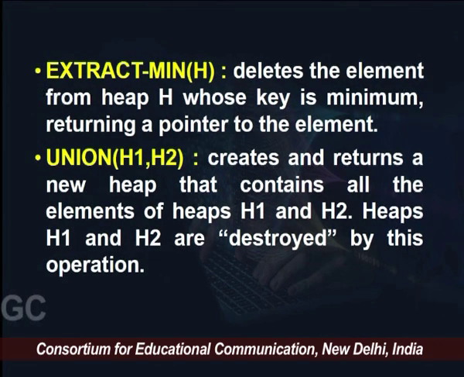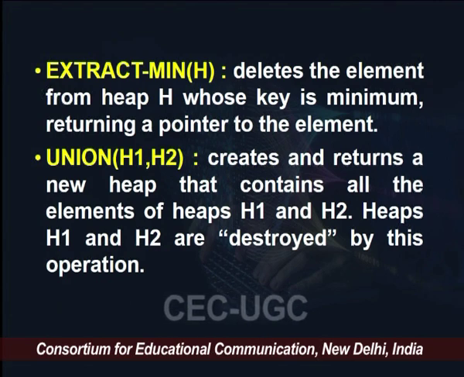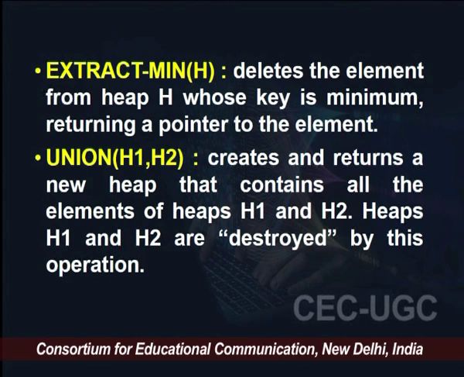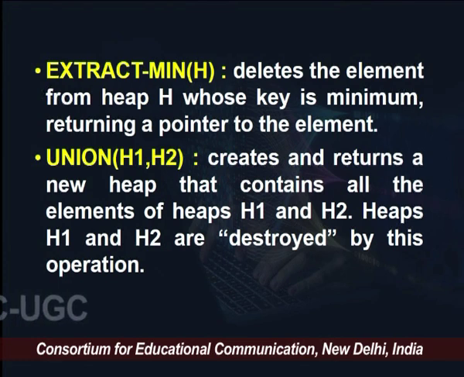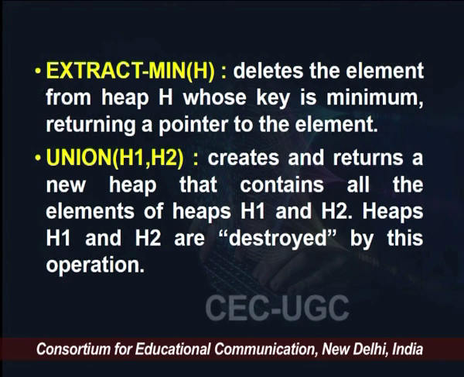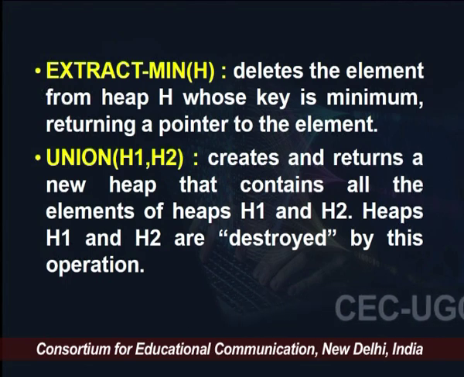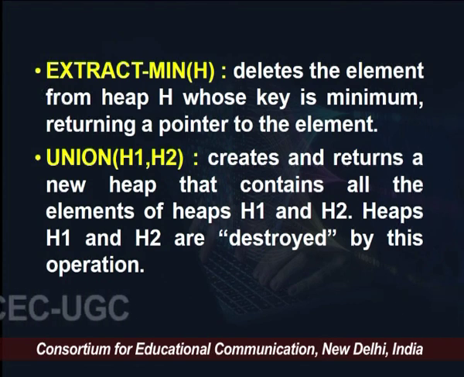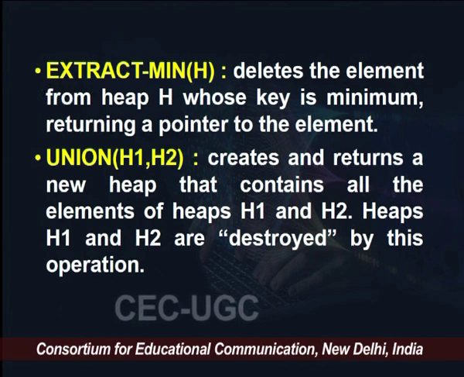Then the third operation is extract min from this heap h. The earlier operation was minimum h and here it is extract min h. In the earlier operation there was no extraction of the minimum element, it was just printing the element with the minimum key.